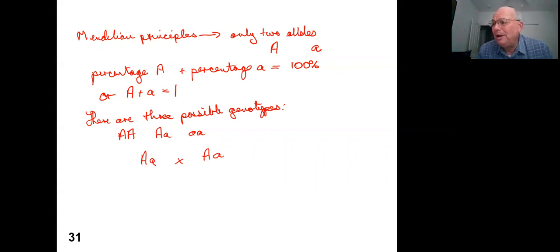So their total combination in terms of the percentage alleles that they're going to pass on to the next generation is the sum total of the percentage of big A they pass on plus the sum total of the percentage of little a that they pass on. Big A plus little a. Well, we already know what that is. Big A plus little a adds up to 1.